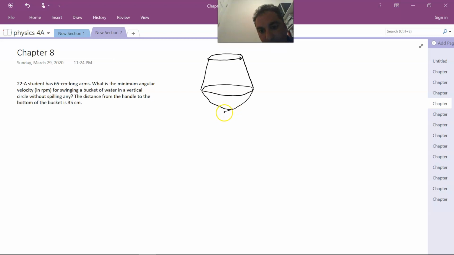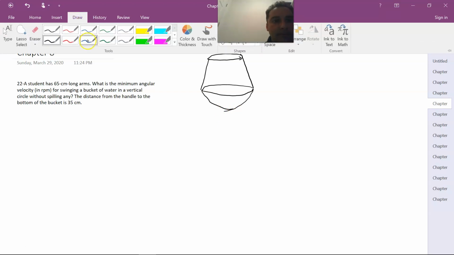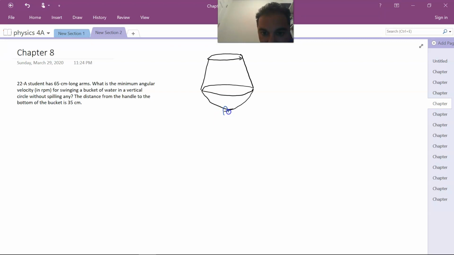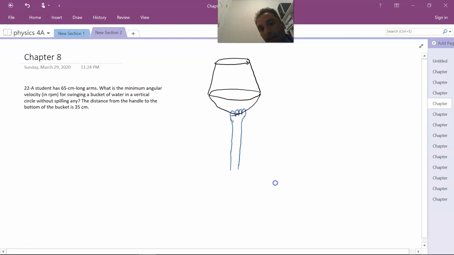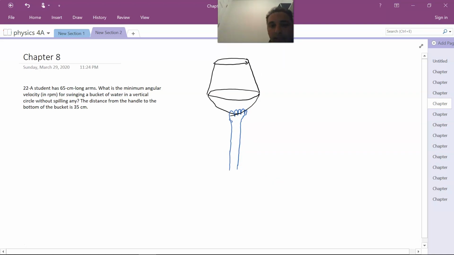Then the student has his hand, and imagine, assume that this is the student's hand, and this is his arm, and here we have water at the end of the bucket.